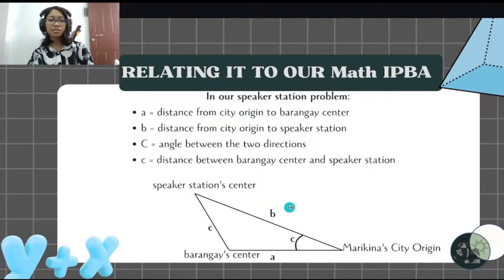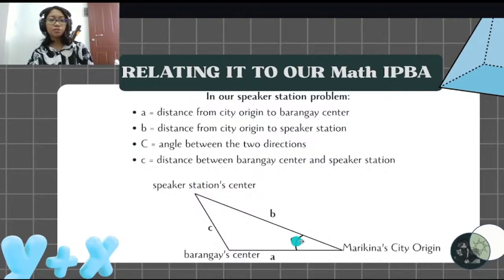Side B is the distance from the city origin to the speaker station. Angle C is the angle between the two sides. Side C is the distance between the barangay center and the speaker station center.